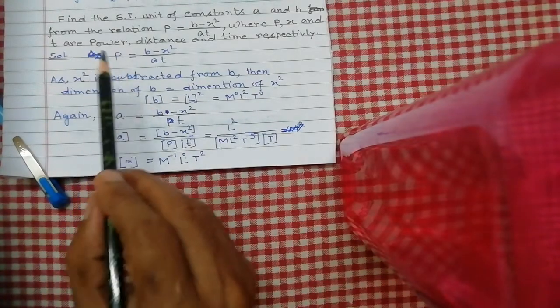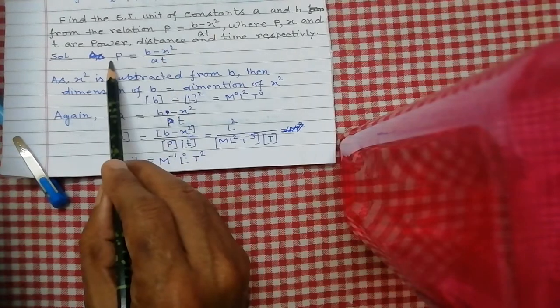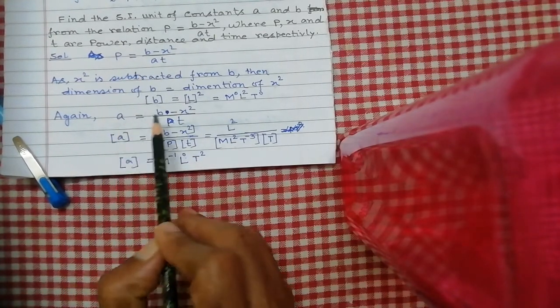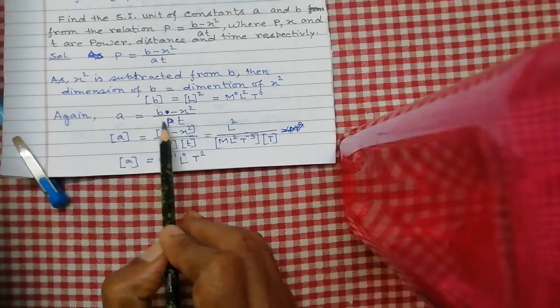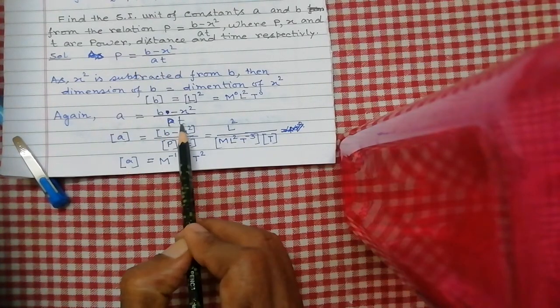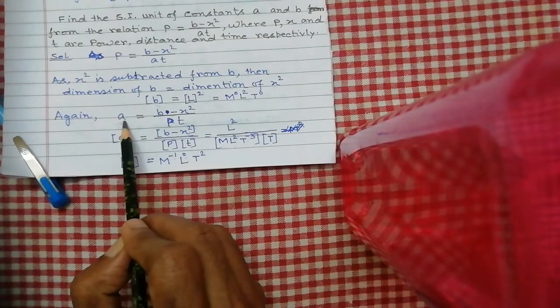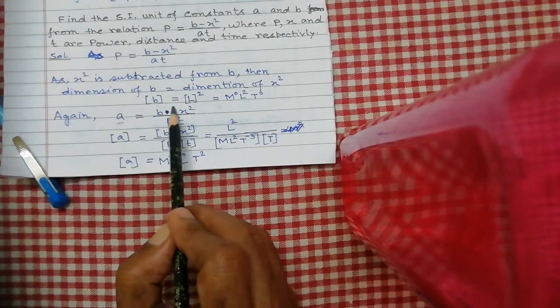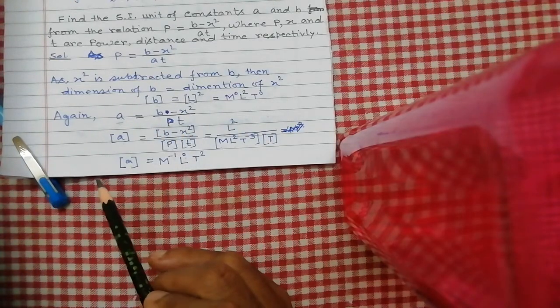Again, from this given equation, you can find A. A will be B minus x square by PT. This is the value of A, that means A is expressed in terms of the other physical quantities.